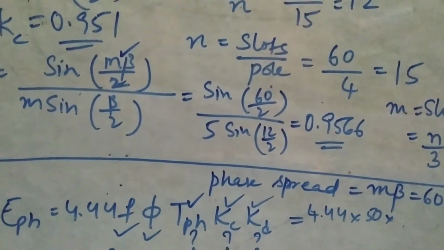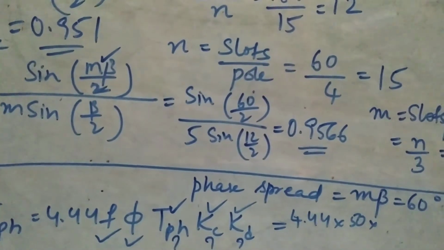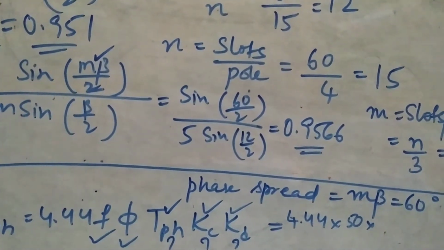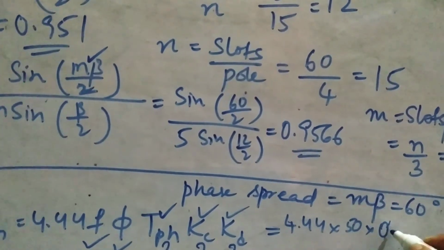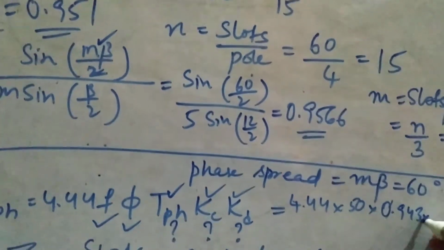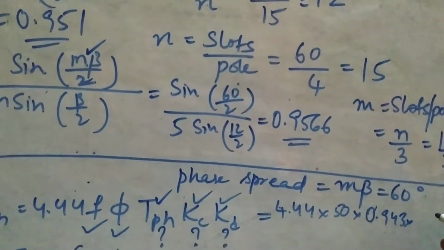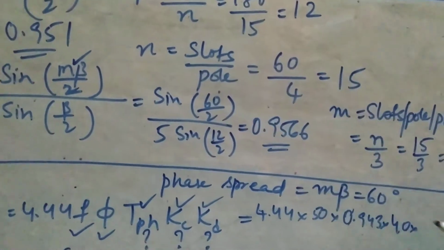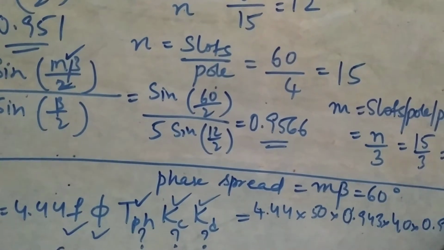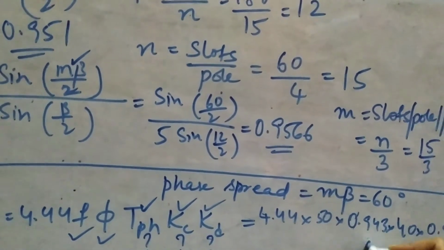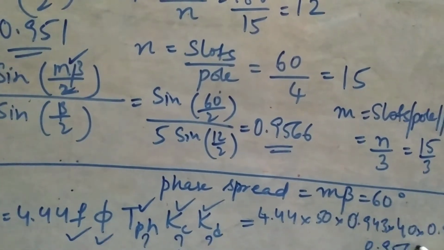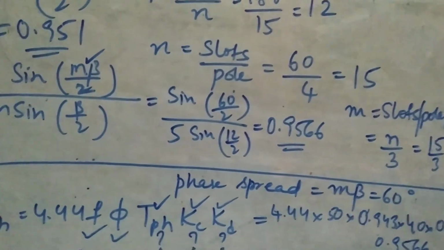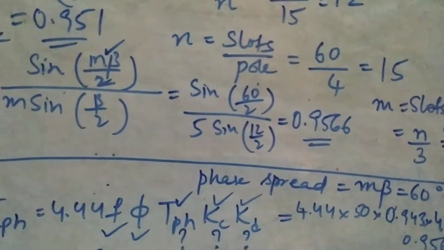And the flux, they had given 0.943. Okay. And turns per phase, that is 40, multiplied by the Kc 0.951, multiplied by Kd 0.9566. Okay. So here we get the answer.